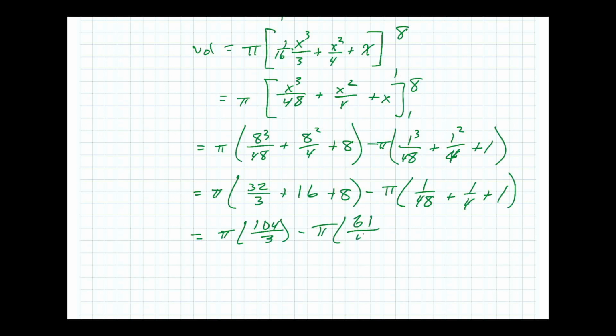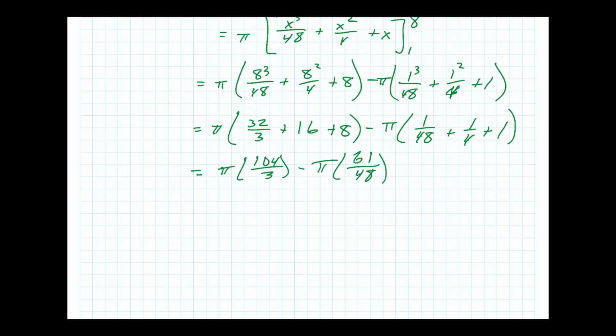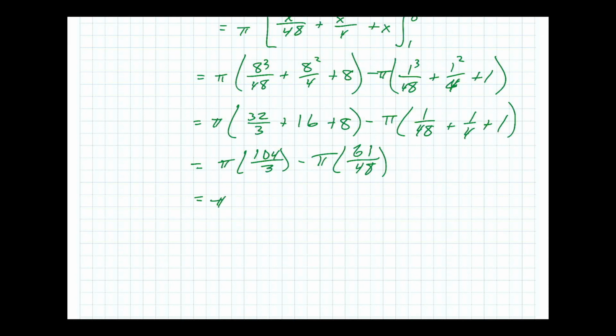Wait, yeah, that's right. Okay. We got to subtract these, so it's actually pi times 104 over 3 minus 61 over 48. If you factor out the pi, 104 over 3 minus 61 over 48. And I get 1603 over 48 pi.